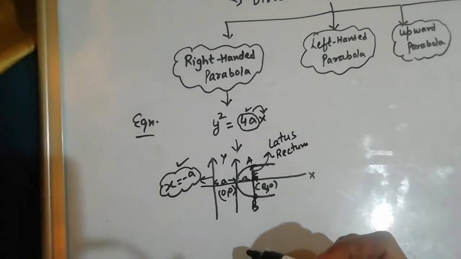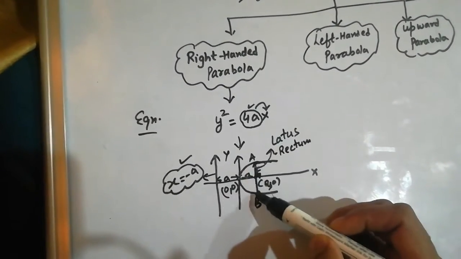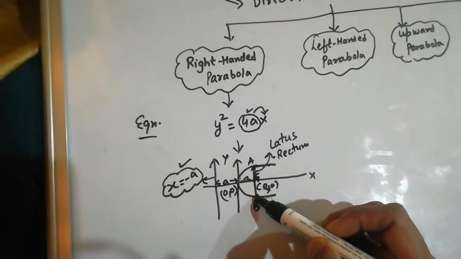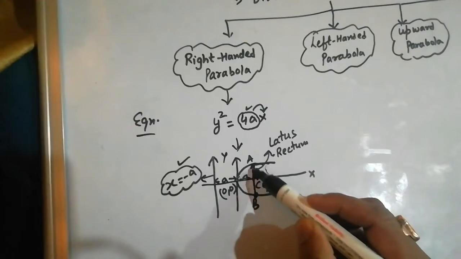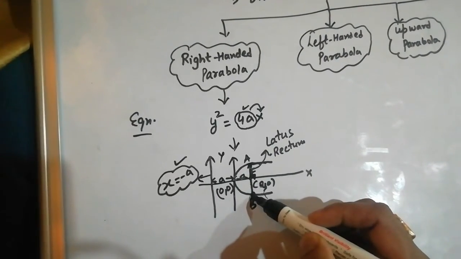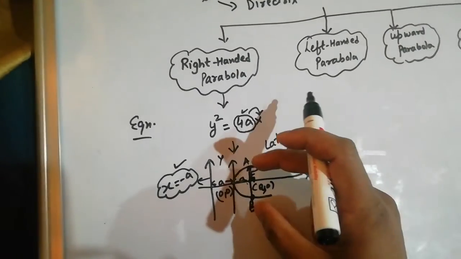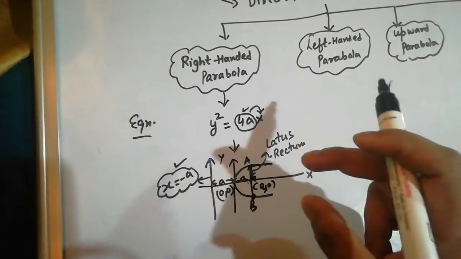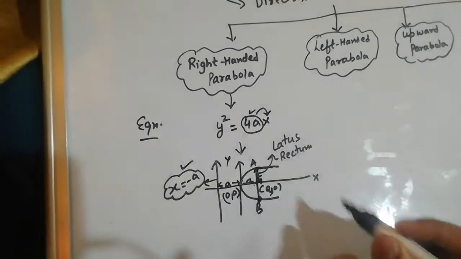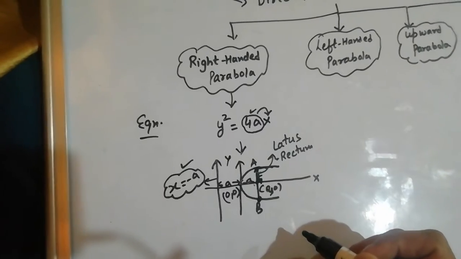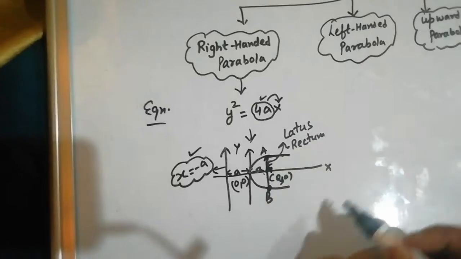So what is the latus rectum? The latus rectum is a line segment which is always passing through the focus, and always perpendicular to the axis. So this line segment is called the latus rectum. Now the equation of the latus rectum I will discuss later on.